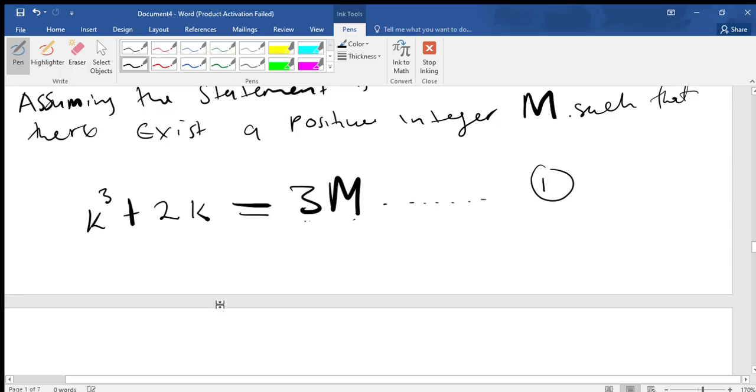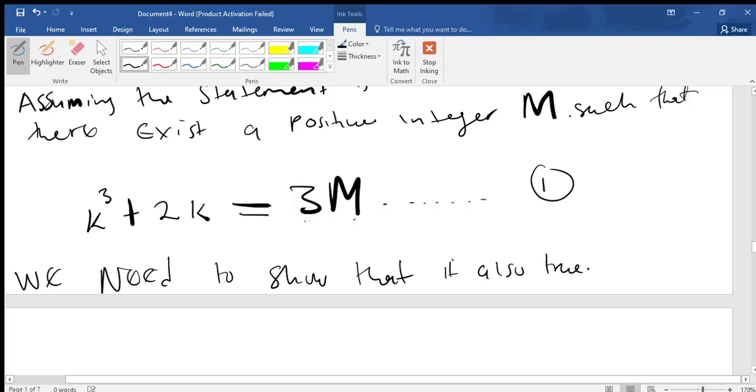So if this is our equation 1, what are we going to have? We need to show that it is also true for n equals to k plus 1.